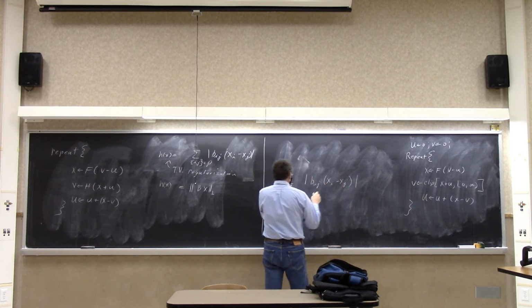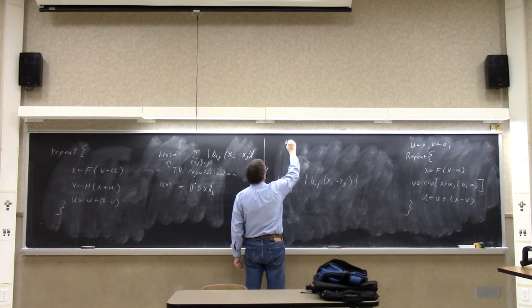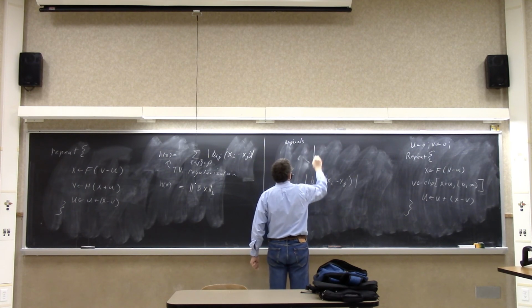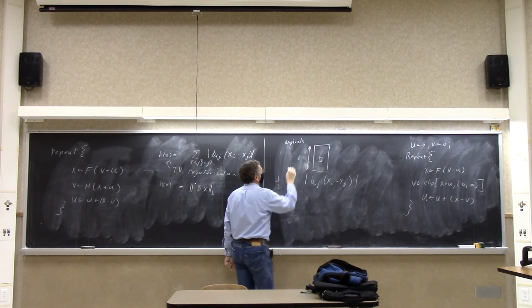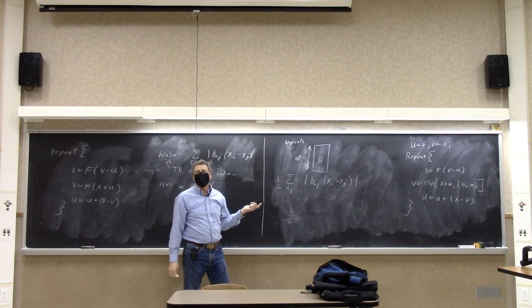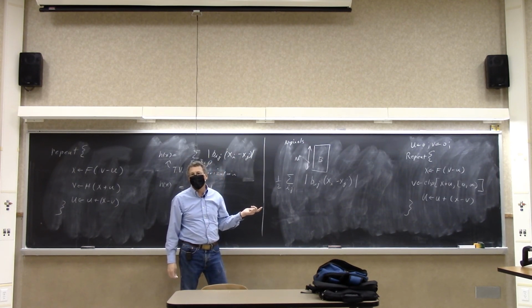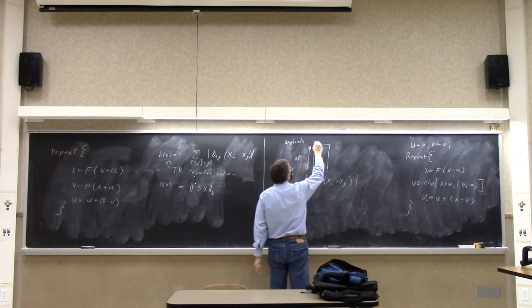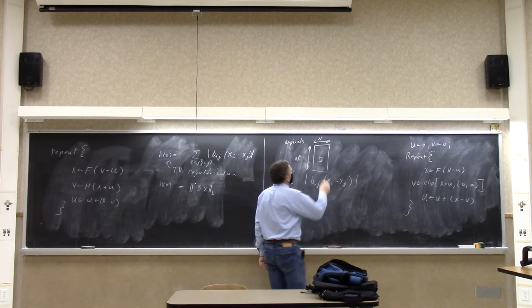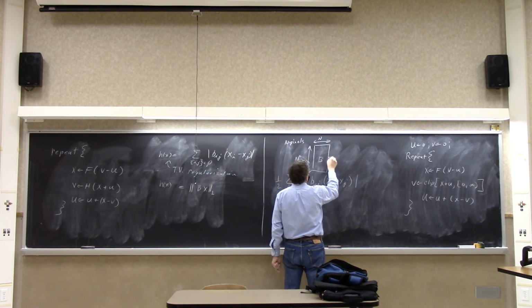So now, if there are n pixels, I can form a matrix B. The height of this matrix B is going to be n squared. So I have a row for every pair of pixels, and then the width of this thing is n.